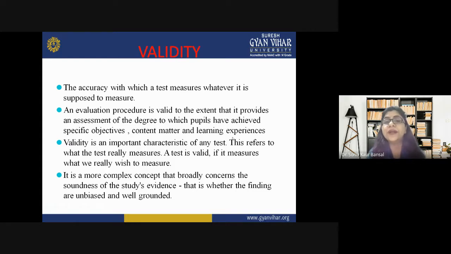That component is clearly coming out, what you wish. So it is a more complex concept that broadly concerns the soundness of the study's evidence, that is, whether the findings are unbiased and well grounded. So this is called validity, students.